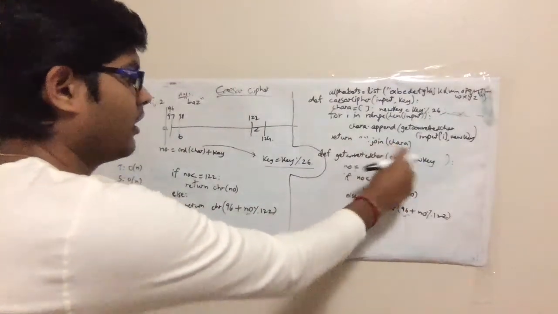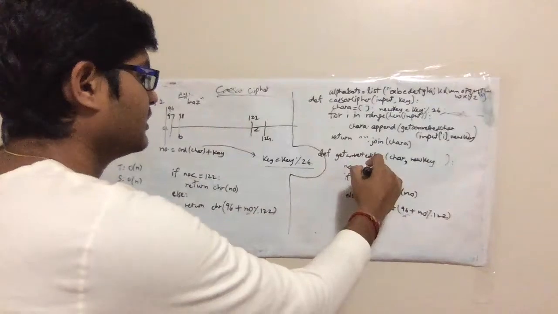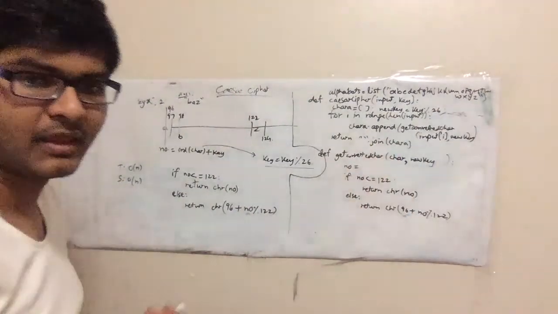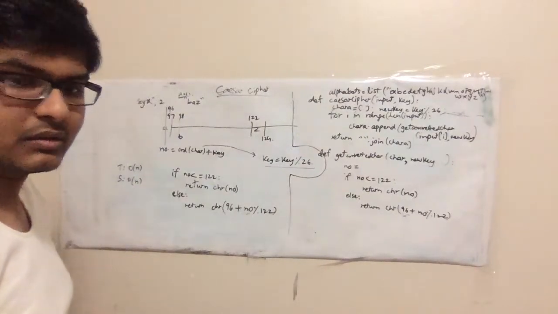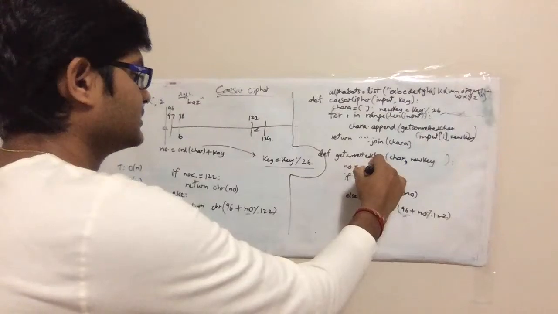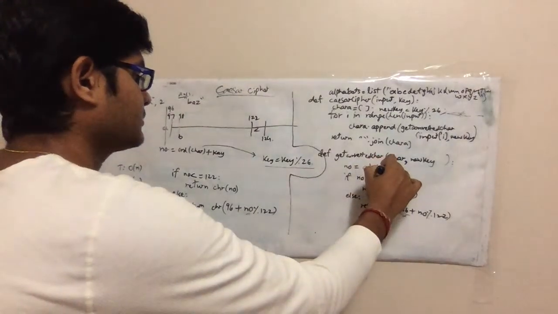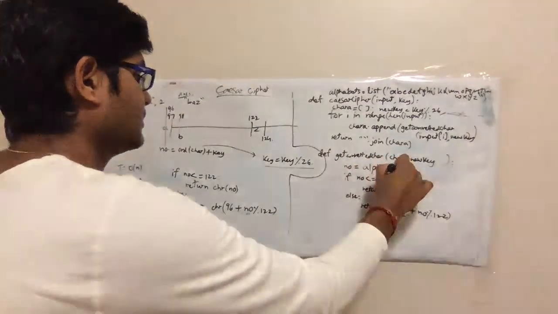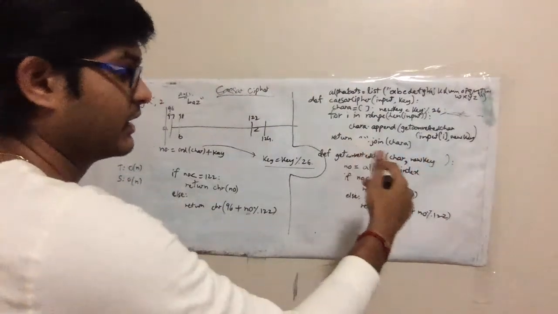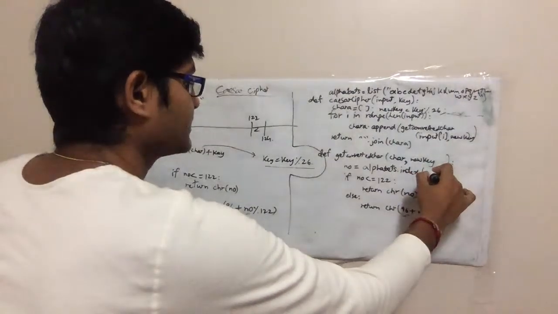So instead of ord, we don't want to use ord, we need to call something as getting alphabets. I'm just calling the index function just to get the index of that character.